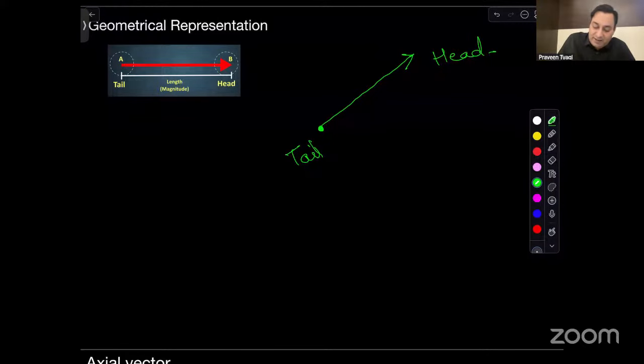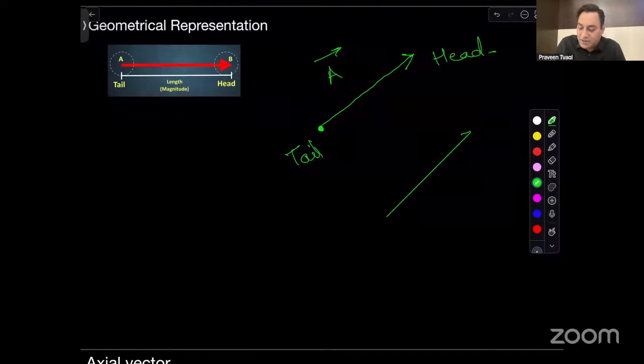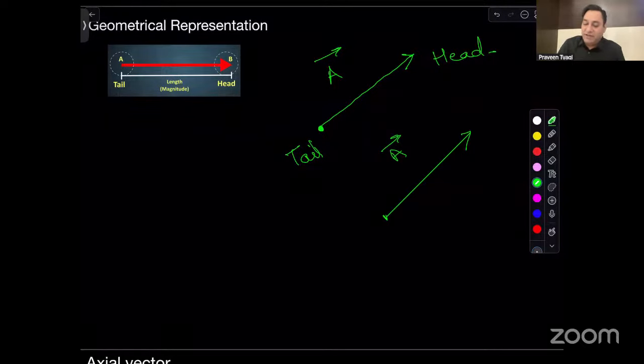If you draw this vector anywhere in space, suppose you take this vector from here and draw it here, keeping the sense of direction and the length, the magnitude, the same, the vector remains the same. You can draw it anywhere in space. That's why they are called free vectors.